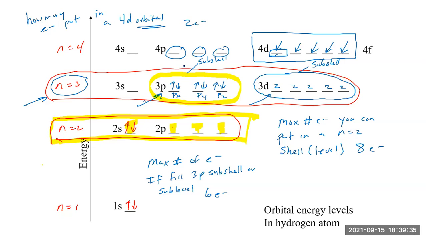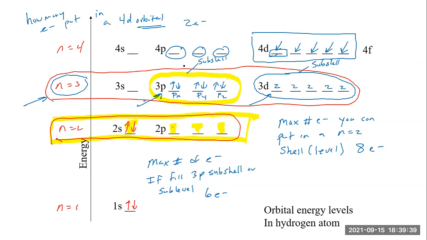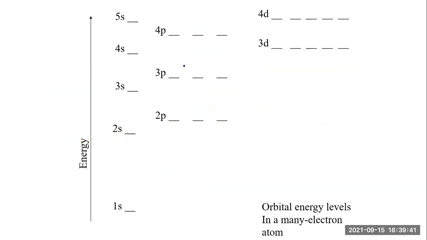So what happens as we put more than one electron in there? If you take a look at it before I scribbled all over it, there's actually a shift in terms of the energy of these orbitals, and that affects how the electrons go in. Because of this shifting, electrons would go here first. They would fill up all these first. They then would go here as the next lowest.